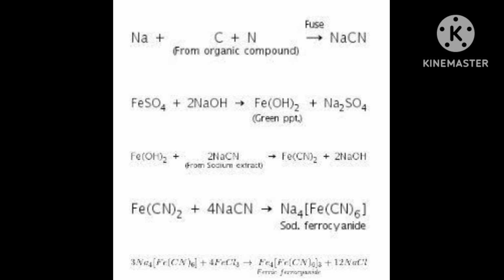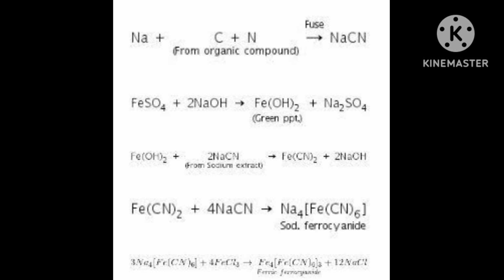And this Fe(CN)6 written in a big bracket, outside you have to write 3, means 3 more. Fe4 means 4 Fe, and in the big bracket Fe(CN)6, then outside the bracket down you write 3, and xH2O will be attached.